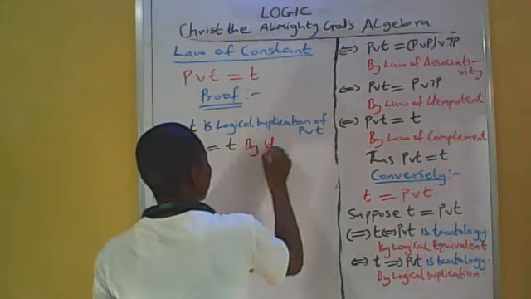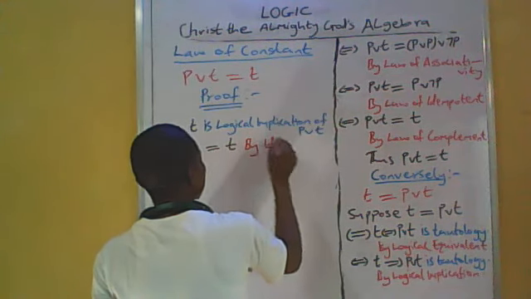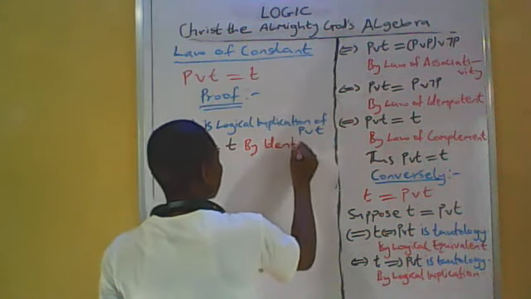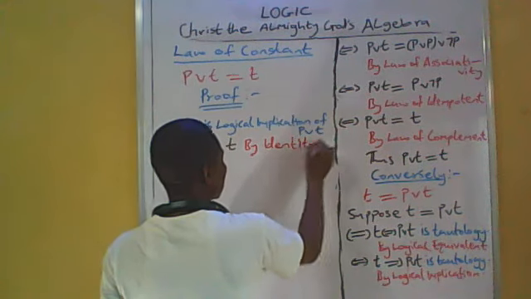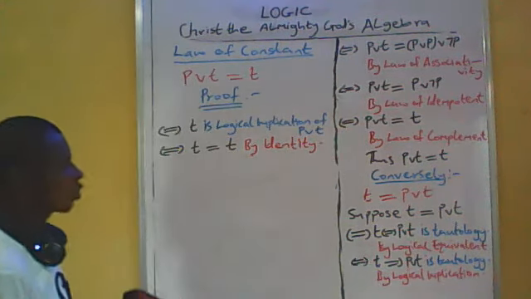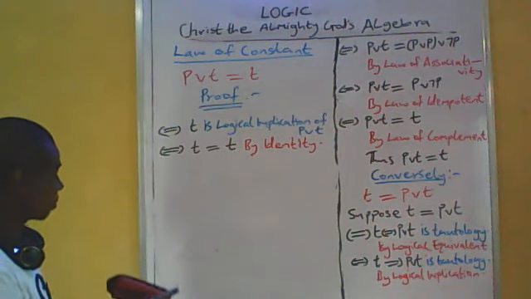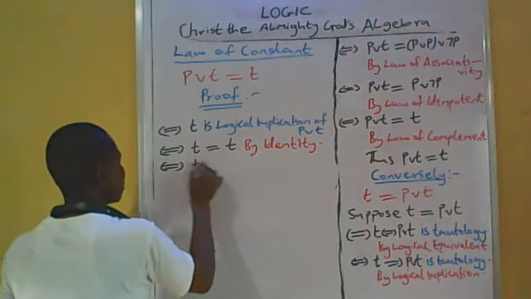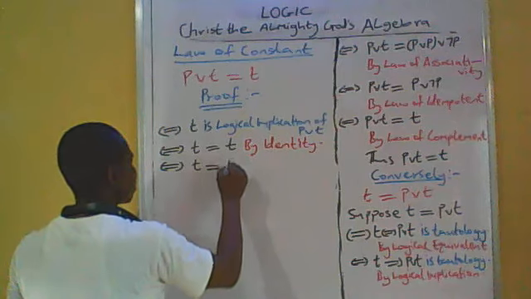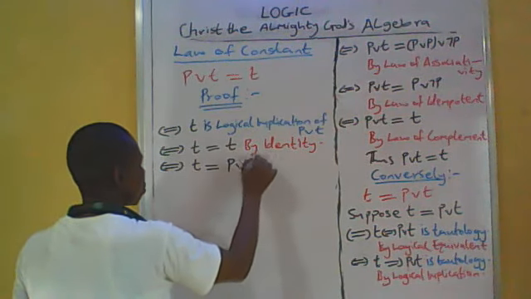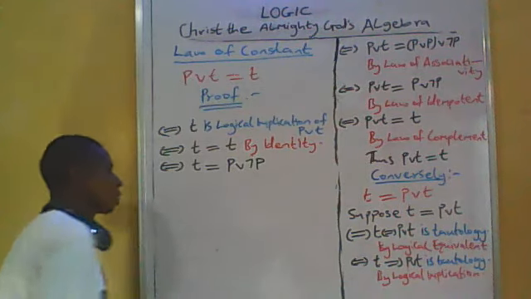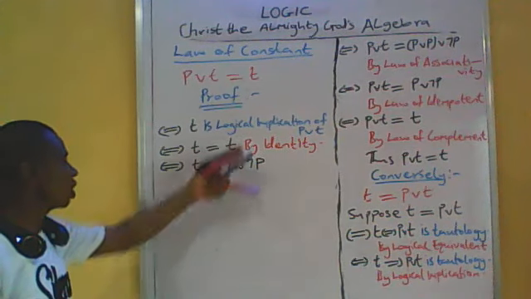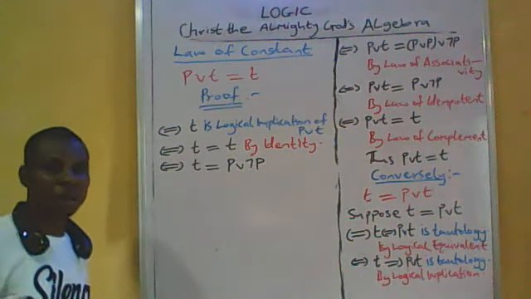Being justified by identity. If and only if T is equal to P or not P. That means this T is equal to P or not P by law of complement.